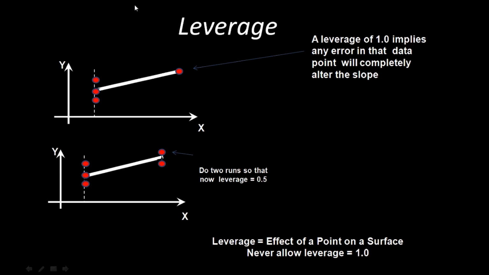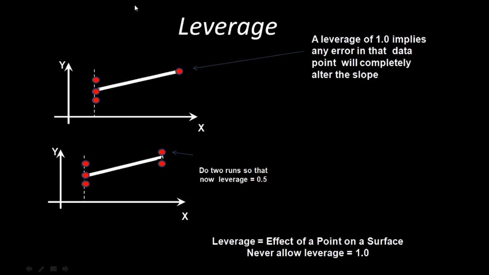You should have at least 1 or 2 points here and here, like this, you know. That means the descriptor values for the compounds should be distributed along the range rather than all of them clustered at one place and only one of them far away, because that could be leveraging your entire slope, and the errors in this particular point could completely affect your QSAR.